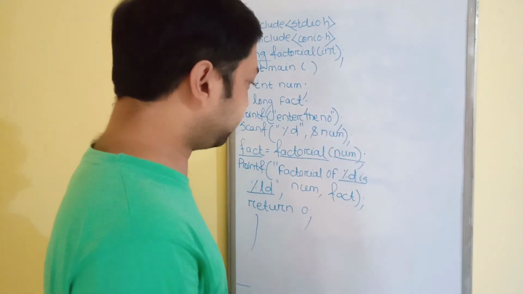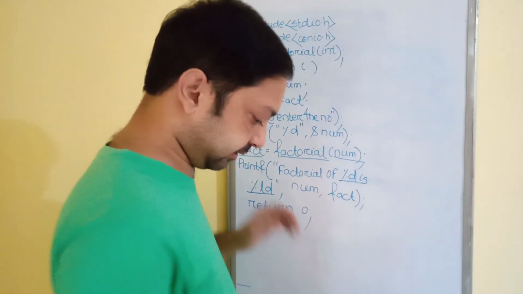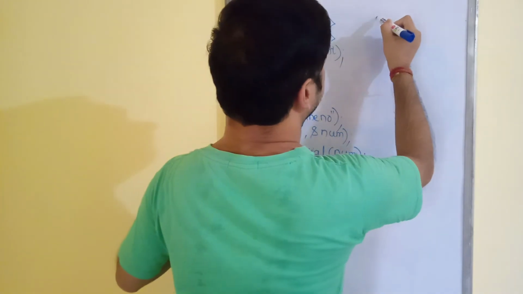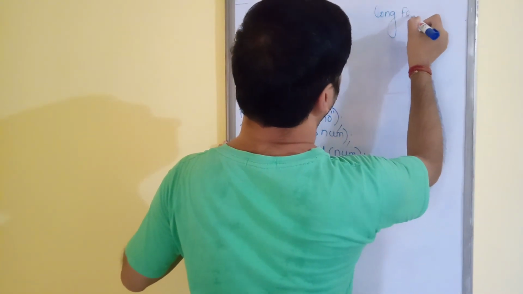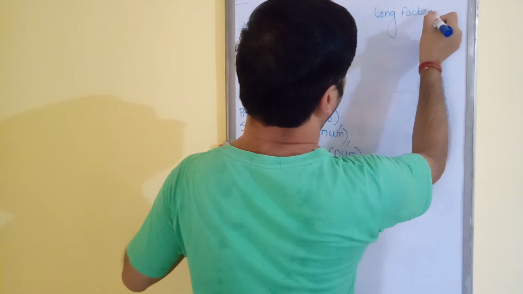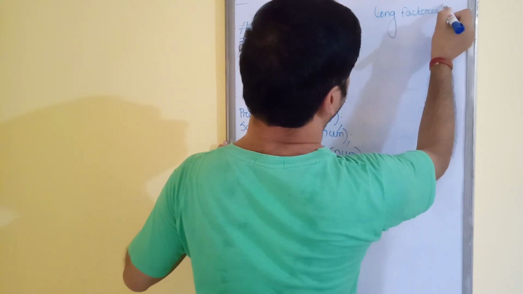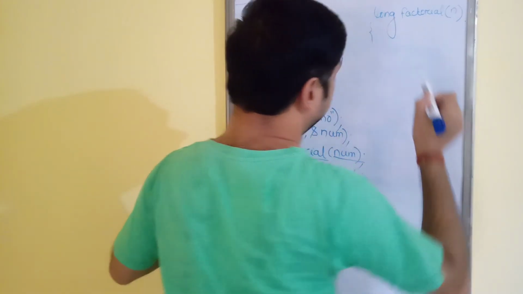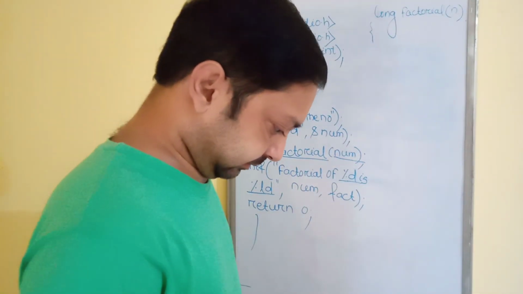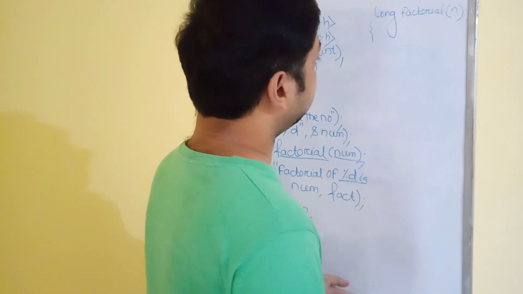Now let us move to the function definition. What we can write here is long factorial of n, and the number is n. I am taking it as the formal argument.